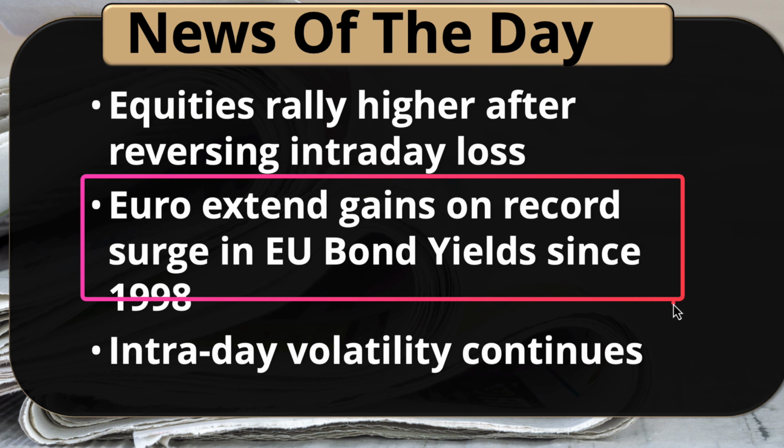If you really start reading about this, a lot of this euro move is coming from that record surge in the bond yields, the biggest surge since 1998. If you want to read a little more about it, there's something called a debt brake.